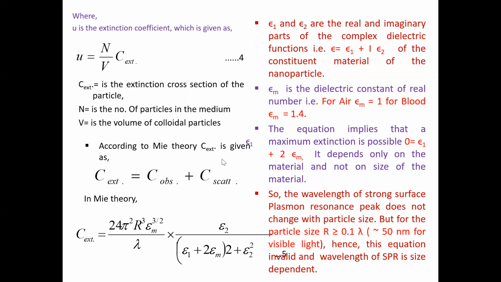So according to this Mie theory, C extinction is given as C extinction equals C absorption plus C scattered. So in Mie theory, C extinction equals 24 pi squared R cubed epsilon m to the power 3 by 2 upon wavelength, into epsilon 2 upon the bracket. This epsilon 2 is the imaginary part, and epsilon 1 is the real part of the complex dielectric function, and epsilon m is the dielectric constant of the medium.